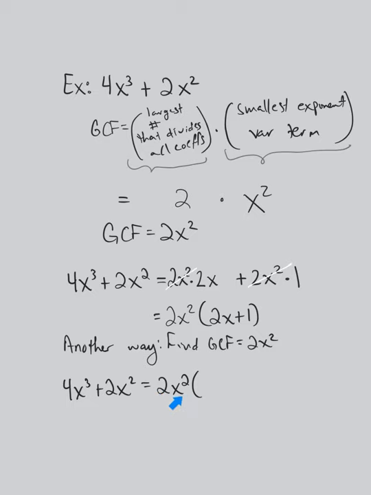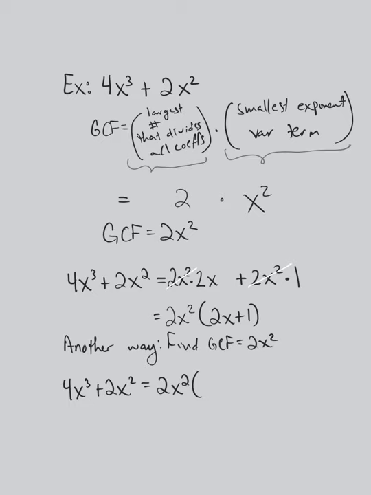Students, whenever they use this method, will often forget to write this, and then the problem won't check. Now you go back to right here. It's a little deep to explain, but factoring and dividing are basically the same thing. Whenever I factor individual parts, I'm really dividing.